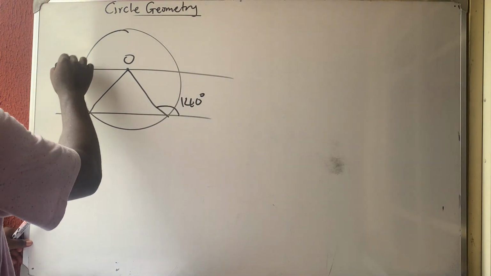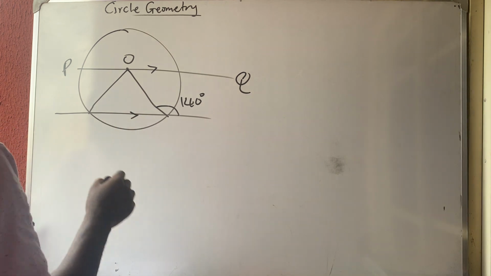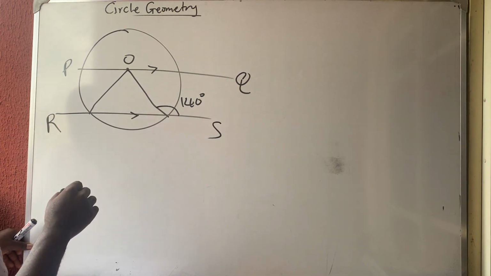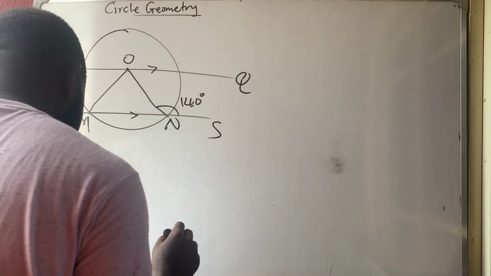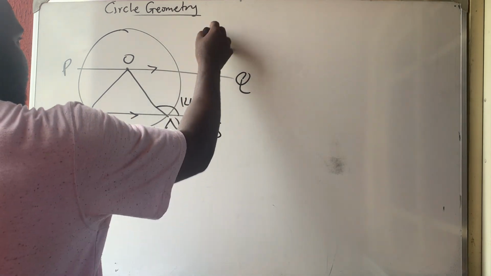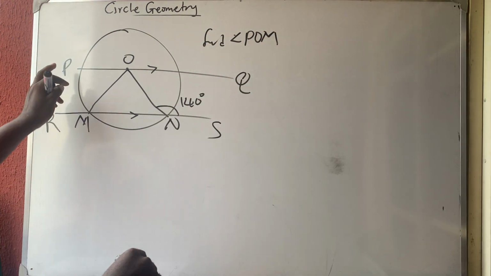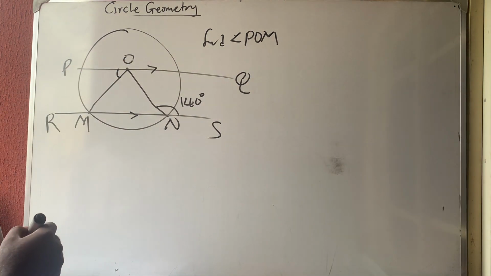They said that this is P, Q, and that this is parallel to this S, R, M, and N. They say we should find angle POM. So which is this place? That is what they say we should find.